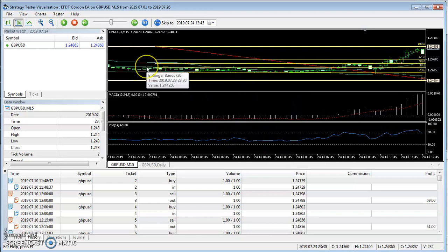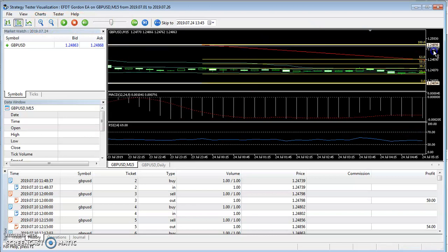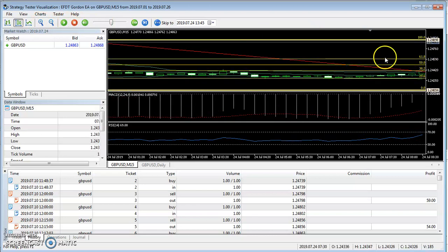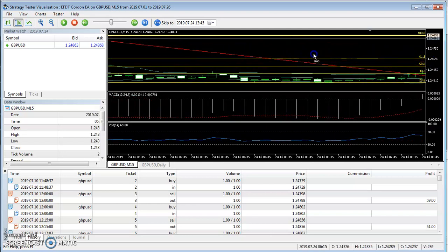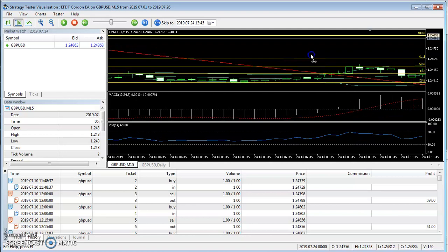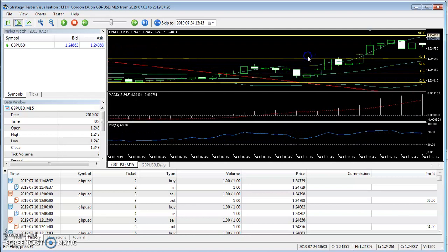So the first thing you want to notice is the trend. The trend had sort of a downwards trend, but if we zoom in, we start seeing that it starts gaining some momentum upwards. So it starts off down, down, down, down, and it starts gaining some momentum upwards.